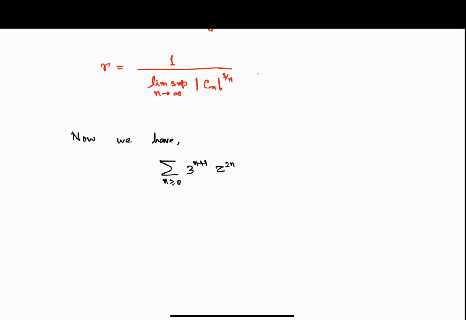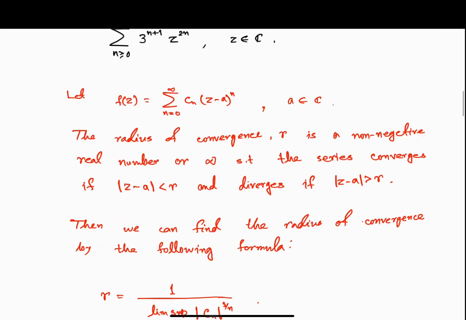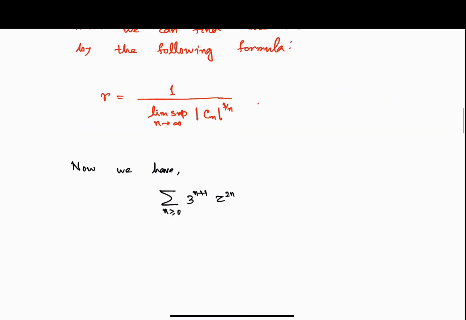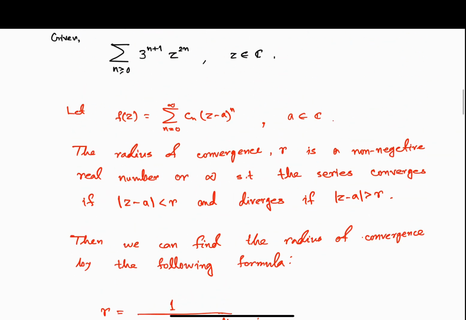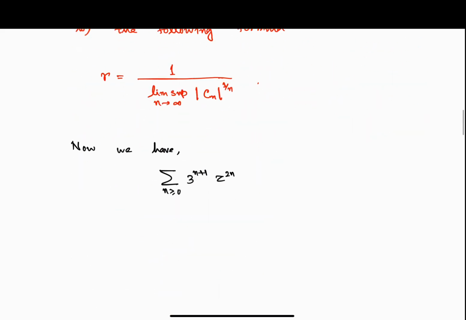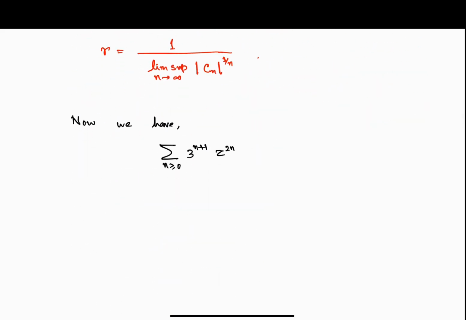The center is 0, it's fine, but here it is z to the power 2n, so it is not in this form and you cannot directly apply this formula. You have to reduce it into this form, then only we can apply the formula.